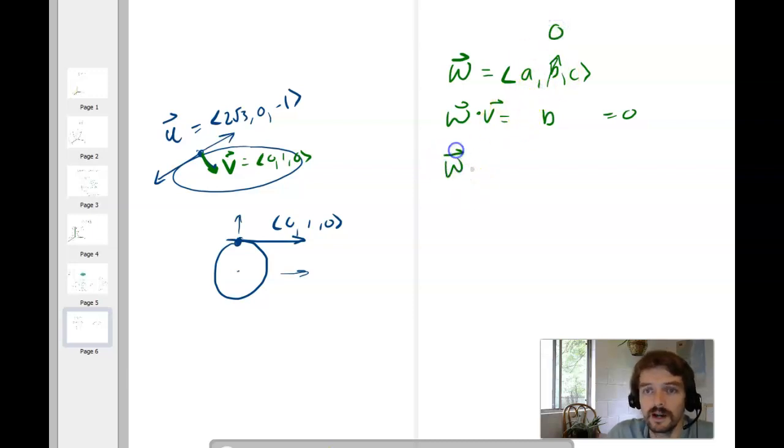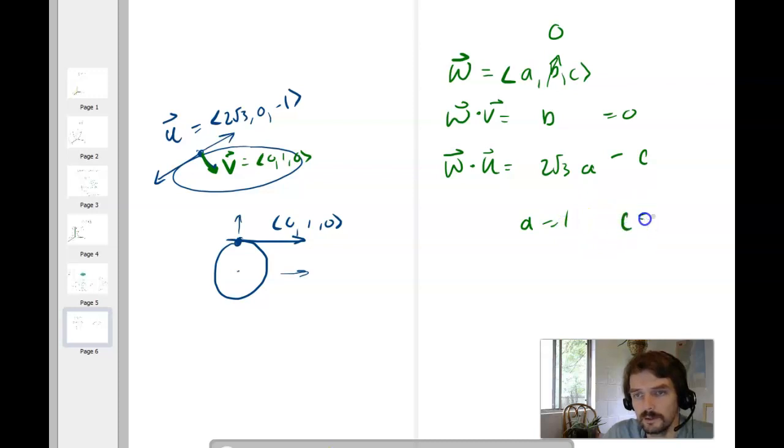And then w dot u gives me 2 root 3 times a, oops, it's no longer a vector, let me erase that a little bit, 2 root 3 times a minus c. Since I don't really care about the size of w, I'm just going to say a is equal to 1, and then c would be equal to 2 root 3, and that will give me a 0.